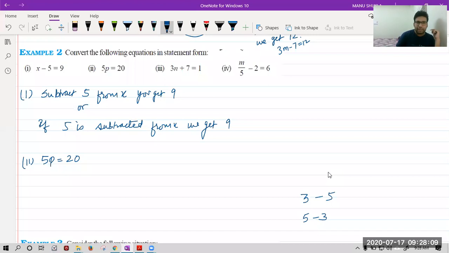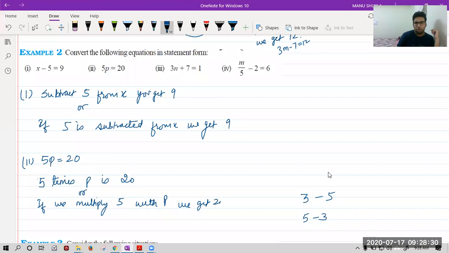So you can just write like this: 5 times P is 20. Or if we multiply 5 with P, we get 20. It's very easy. You can write any way you want.